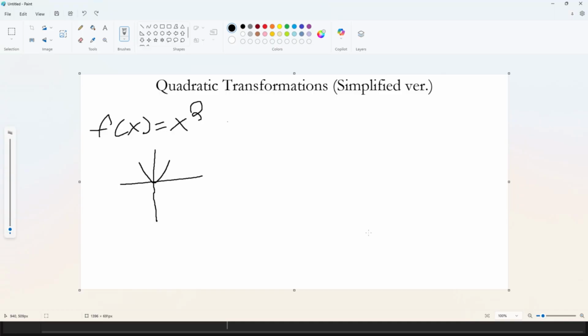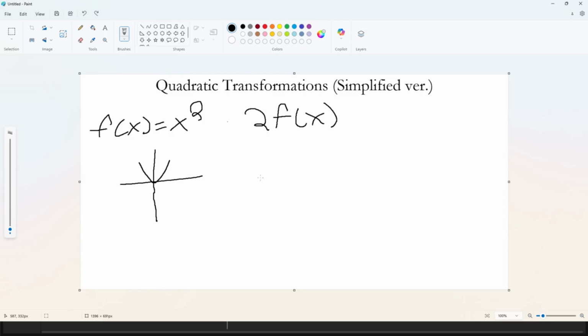Finally, we have our vertical stretches, vertical shrinks, horizontal shrinks, and horizontal stretches. Now, if you want to perform a vertical stretch, you'll simply multiply our f by a value that is greater than 1. A value that is greater than 1 is 2. So 2f(x), that's just it.